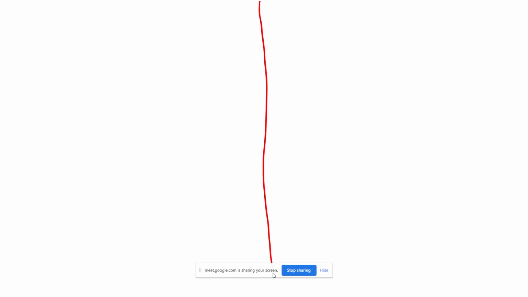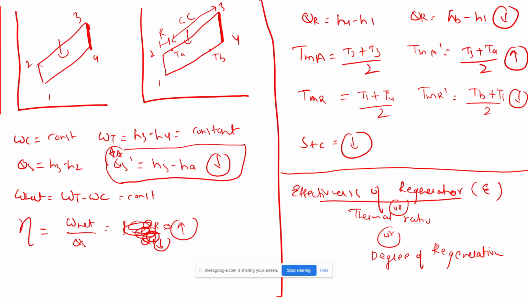Sir, how is it related to the mean temperature of heat addition? Mean temperature of heat addition is just a term to explain the temperature. It is the mean temperature during heat addition of the air on which we are supplying the heat. It is just a terminology we are using.